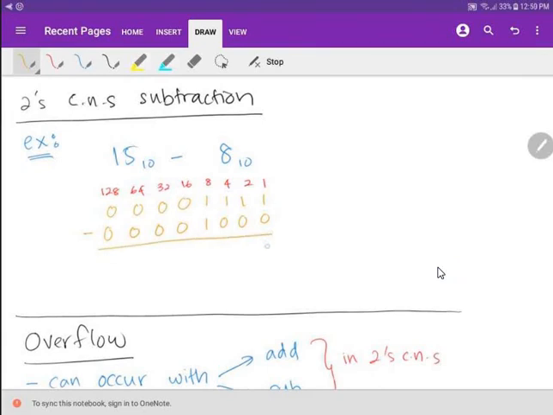So this subtraction is easy. 1 1 1 0 0 0 0 0. So this is the answer. It's quite straightforward, right? Any question up to this point? So I'll just stop the video here.